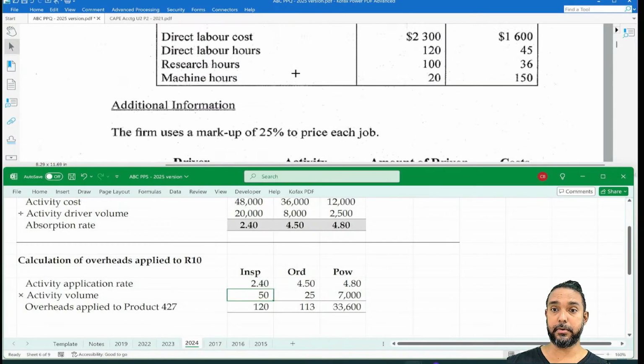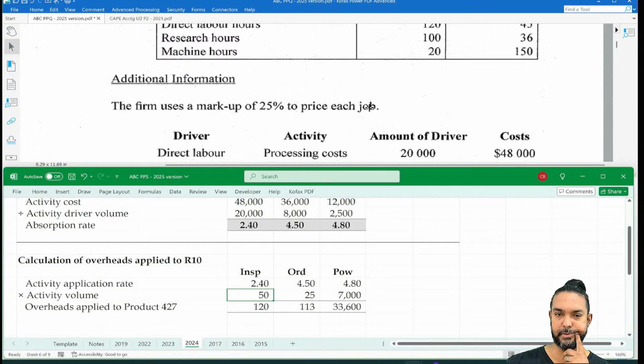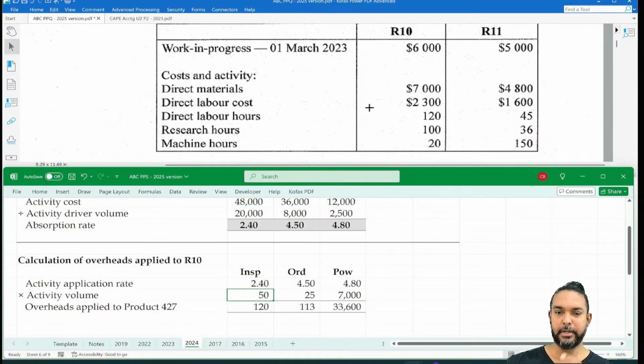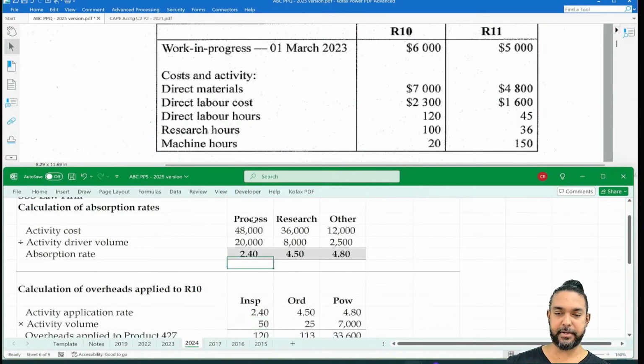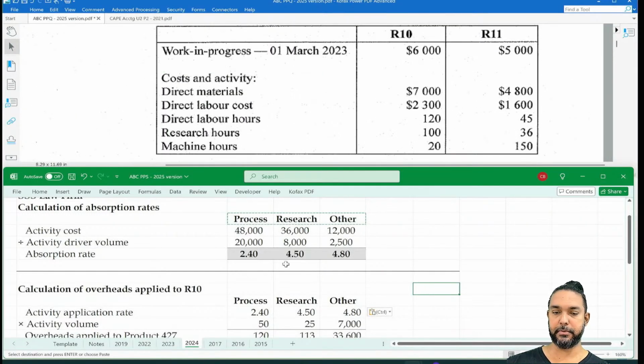Cool, right. So for right, so labor hour inspection is labor hours. No, inspection. Oh, I didn't change the headers. My bad. Wow. All right, cool. Right. So process is labor, research is research, and machine is other. Okay, cool.